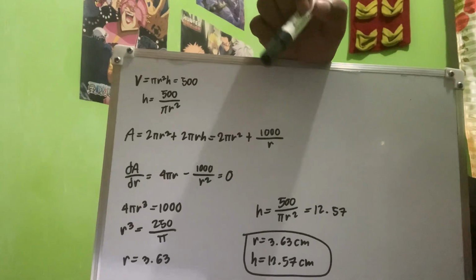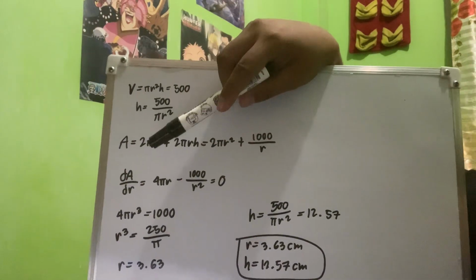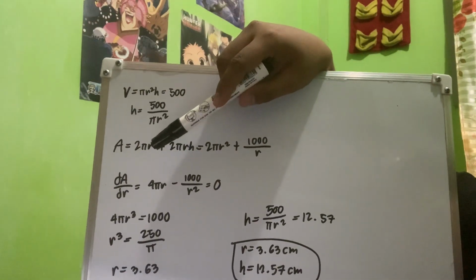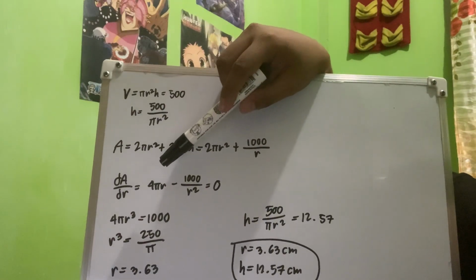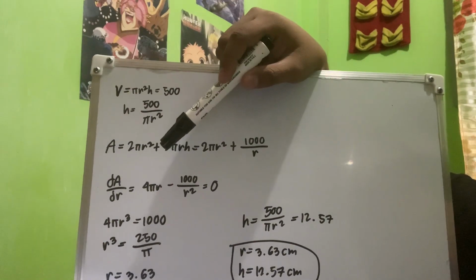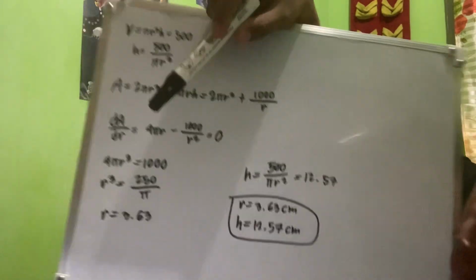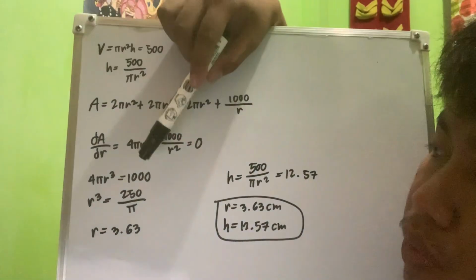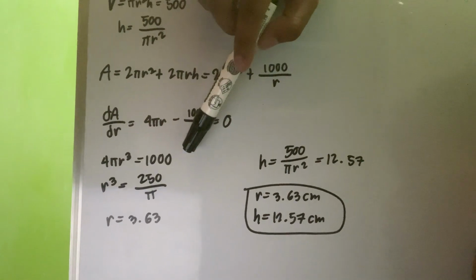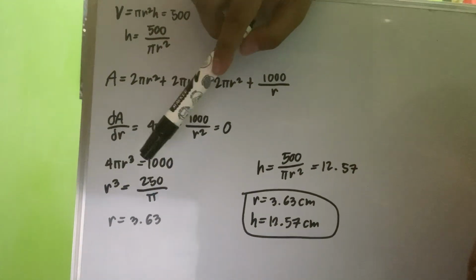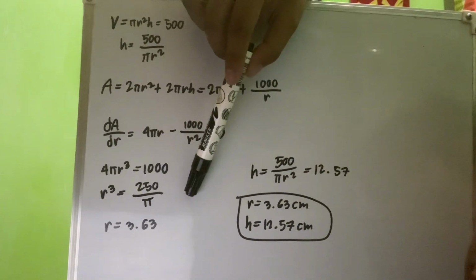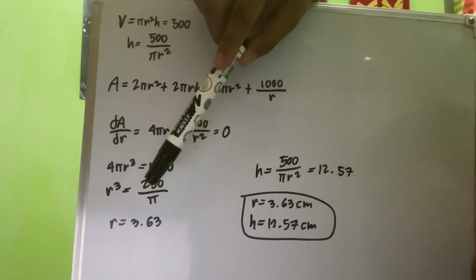So we're going to differentiate it. dA over dr equals 4 pi r minus 1000 over r squared equals 0. So 4 pi r cubed equals 1000, r cubed equals 250 over pi, then r equals 3.63.